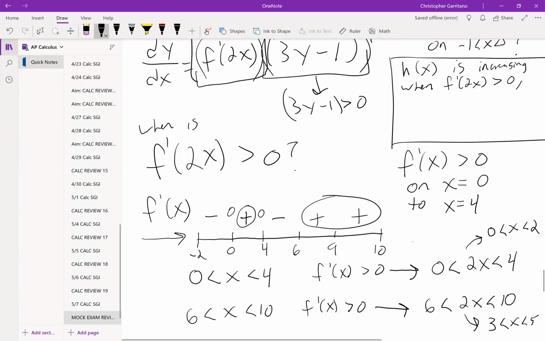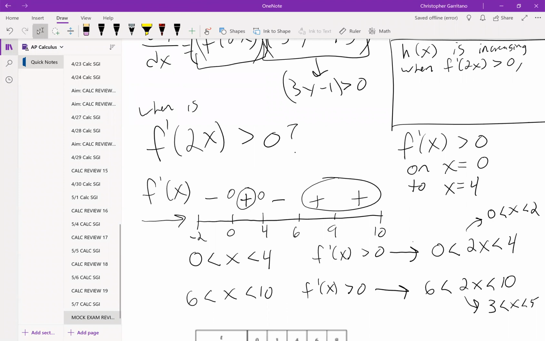And as we discovered, f prime of 2x is greater than 0 when x is between 0 and 2, and when x is between 3 and 5.